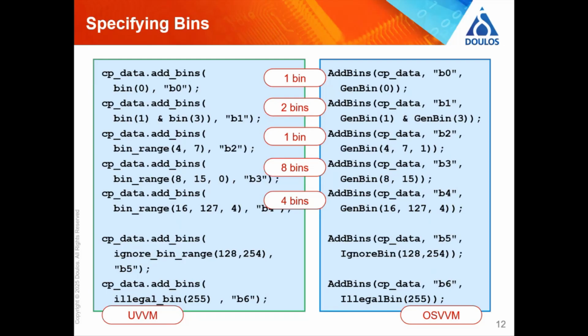The one at the bottom is a weeny bit controversial. That's an illegal bin. The illegal bin means if you get a value in there, then that just shouldn't have happened. So raise an error, start throwing your hands up in the air and say, there's a problem here. Now, the problem with doing that is that's not the job of coverage. Coverage is not there to answer the question, does it work? It's there to answer the question, have we tested enough?